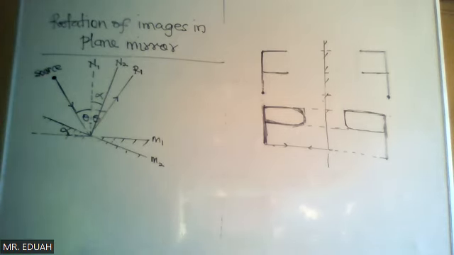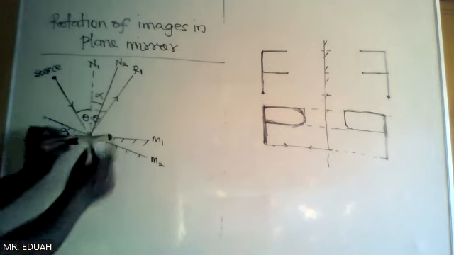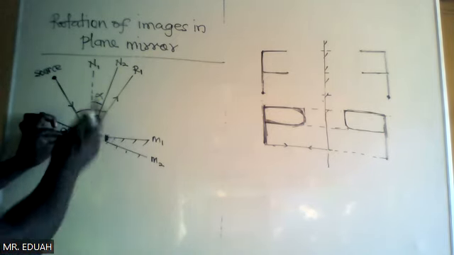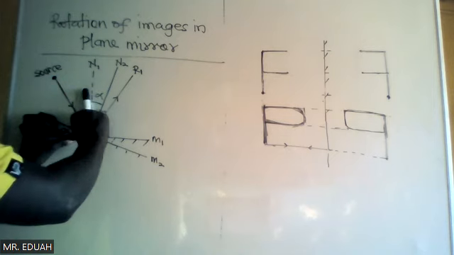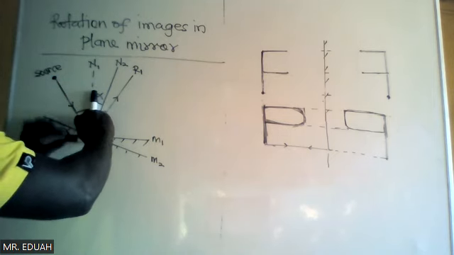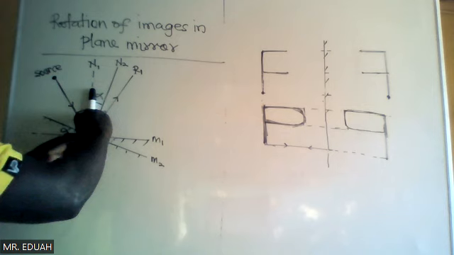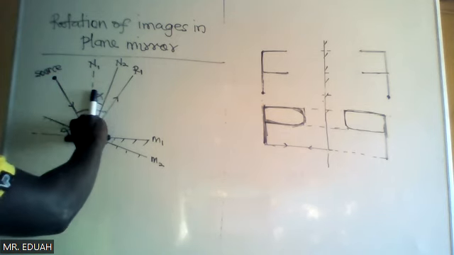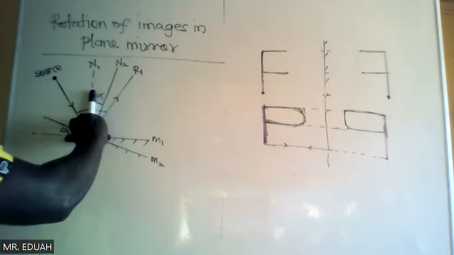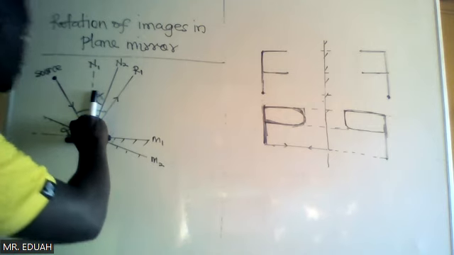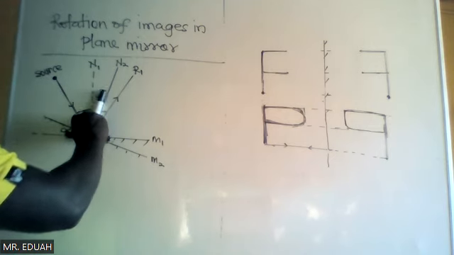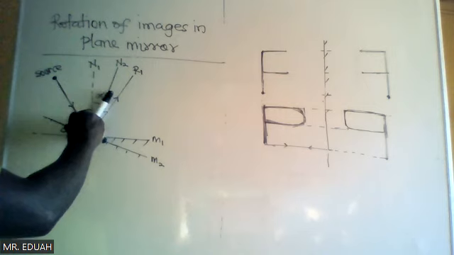Let me take that again for you to see. N1, when the mirror is not rotated, this is its normal. When you rotate the mirror through an angle alpha, this is how the new normal would also change.